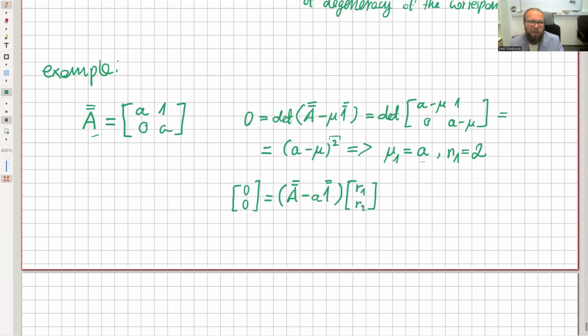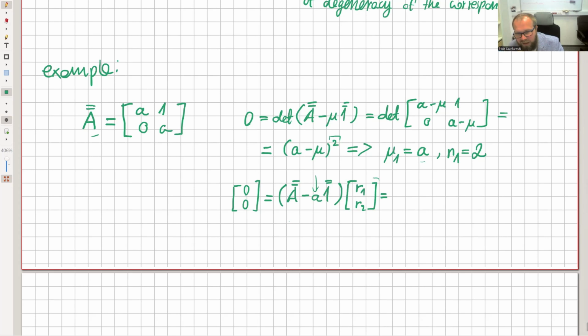So R1, R2 are our unknowns. If we can solve this equation for R1 and R2, this gives us the eigenvector corresponding to eigenvalue a.